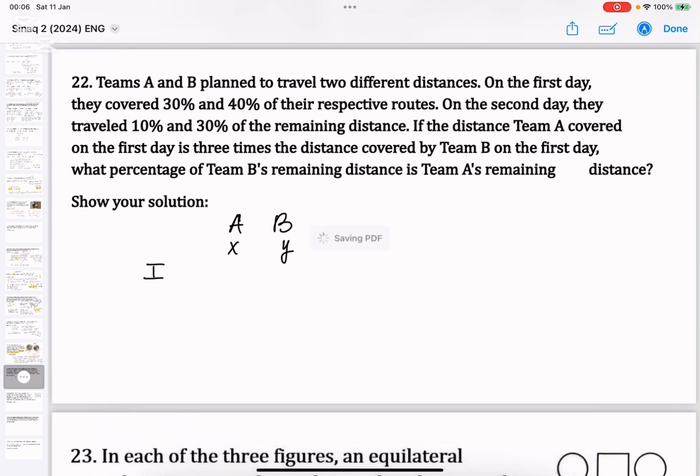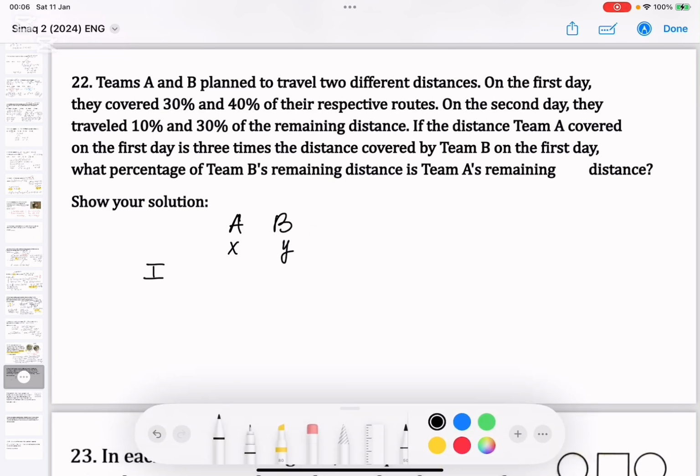So Team A travels 0.3x, while Team B travels 40%, so it's going to be 0.4y kilometers.